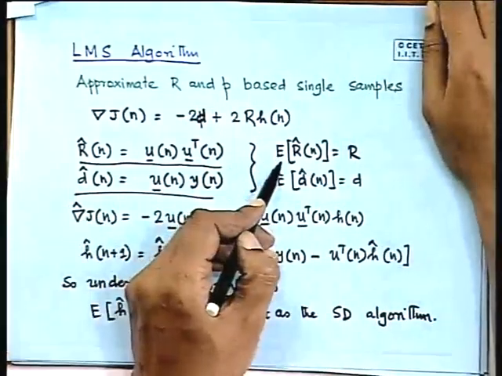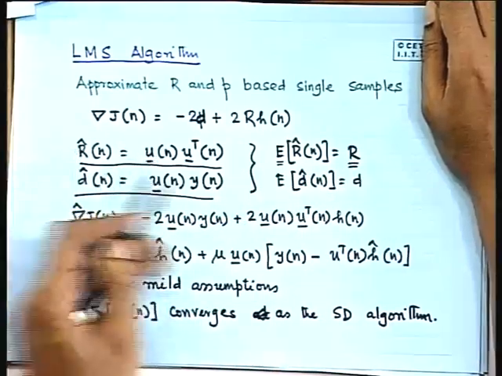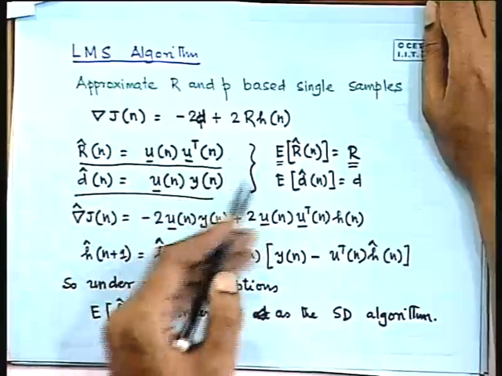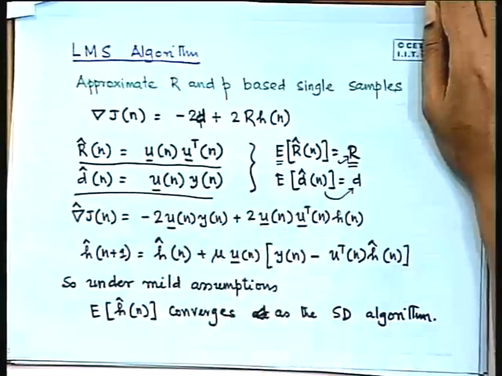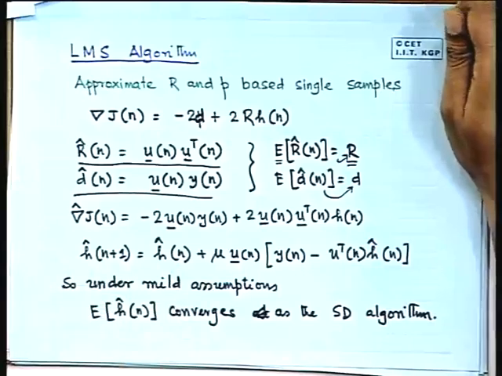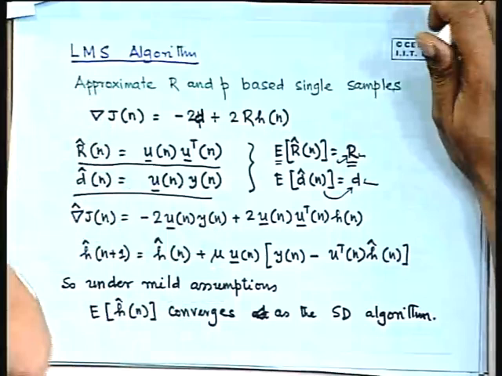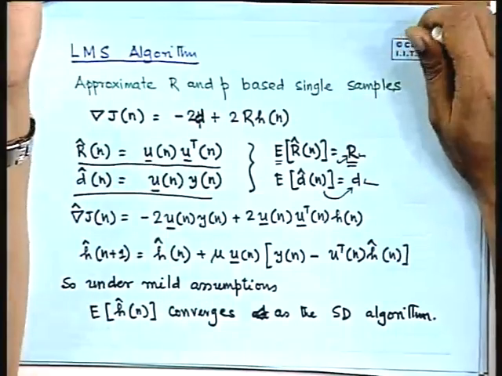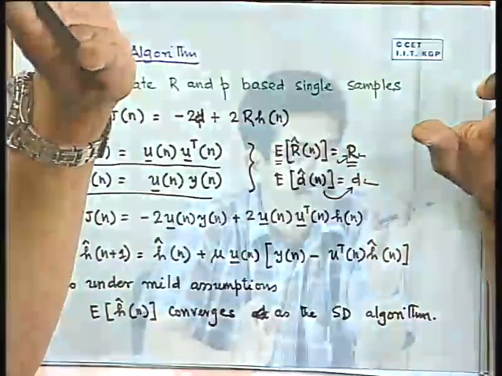Obviously the expectation of R hat n is R, because if you take expectation here, they will converge. This will be R. So the mean value will remain R and D. That is true. So even if they flicker, their mean will be the R and D which you should have used if you wanted an ideal steepest descent.